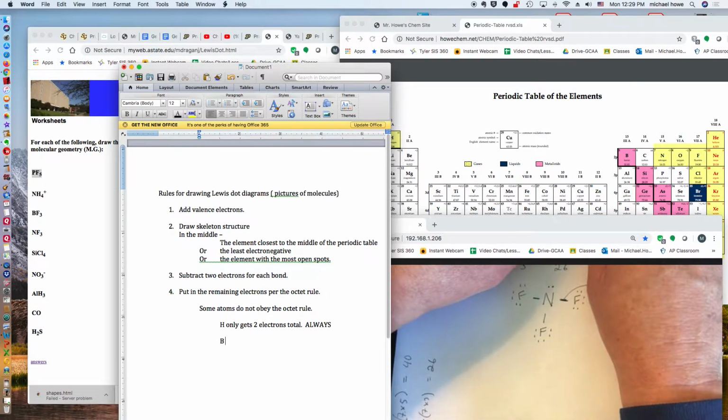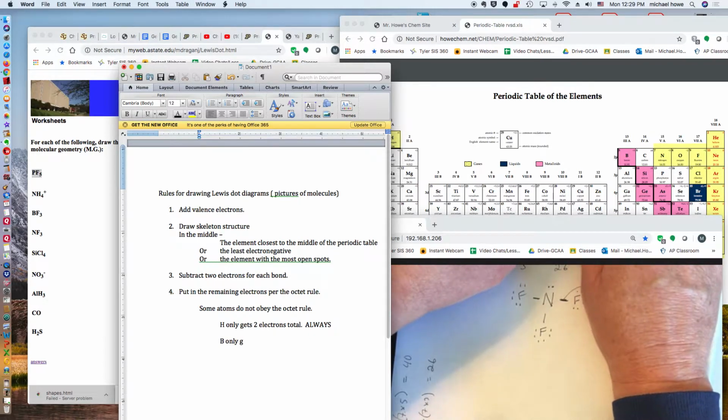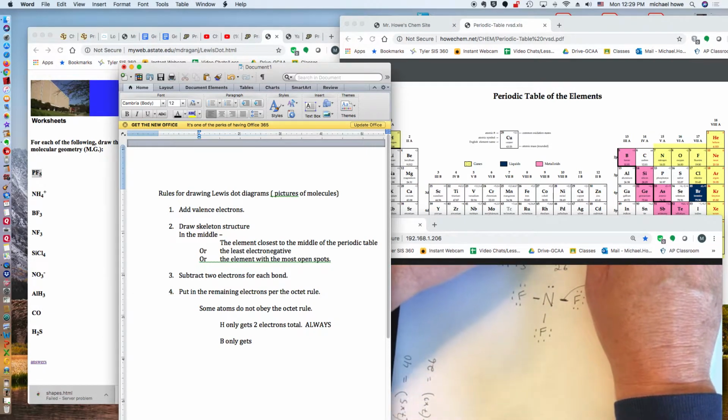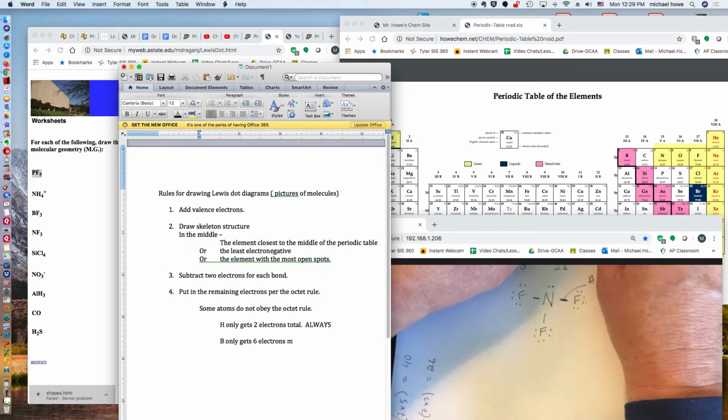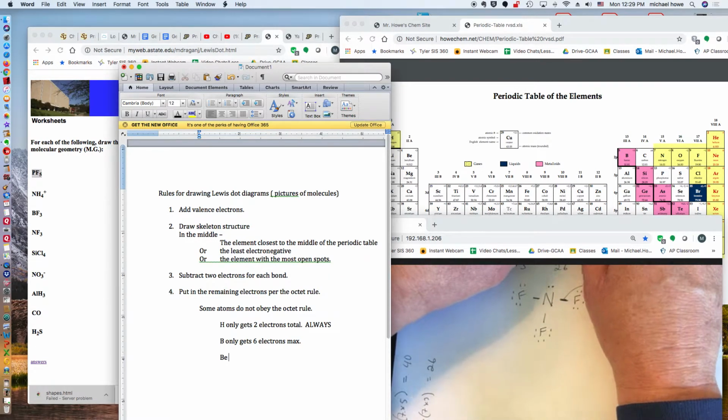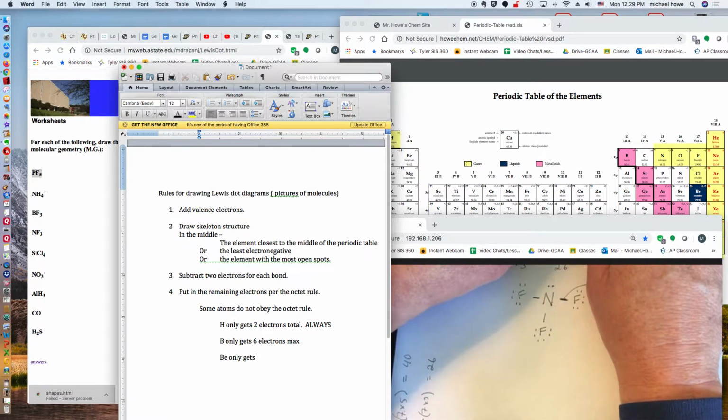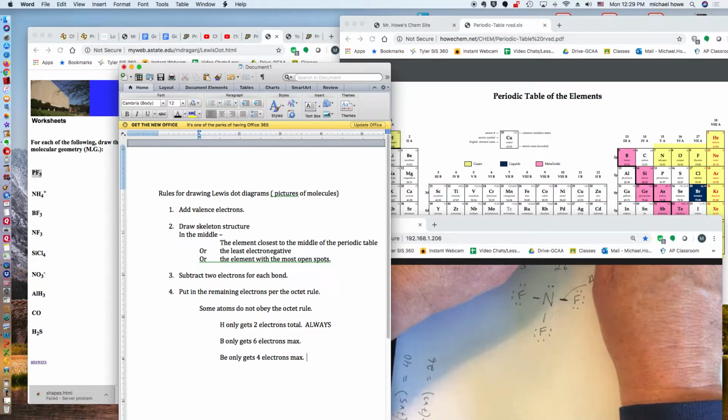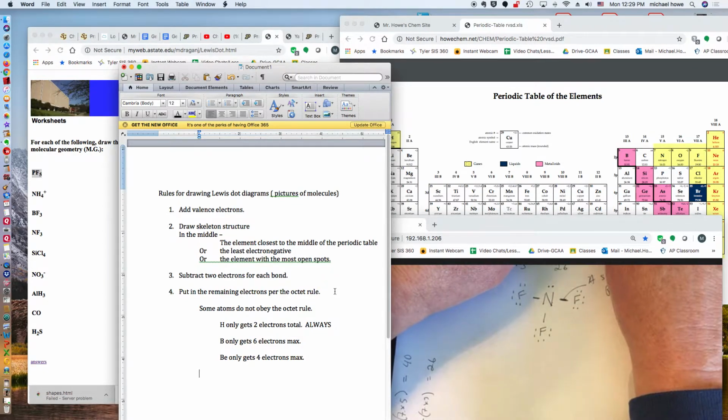Boron only gets 6 electrons max. Beryllium. All right, so other than that, you're going to shoot for 8 around everything. Sometimes you have to put more than 8, and we'll get to that in a minute.